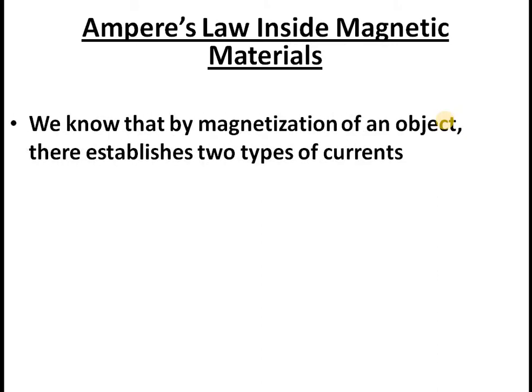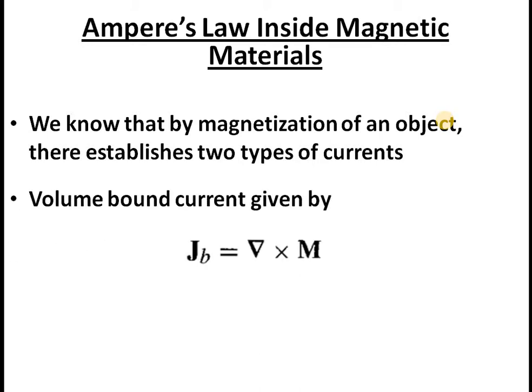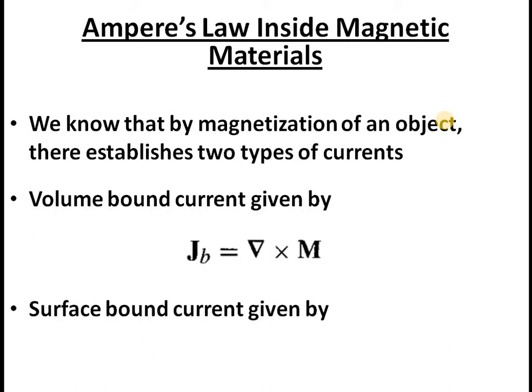Whenever a material is magnetized, we know there are two types of current. One is volume bound current, JB, given by del cross M, where M is the magnetization. We have discussed it. And secondly, you have the surface bound current, denoted by KB, and KB is given by M cross n cap, where n cap is the unit vector drawn at any point on the surface of that magnetized material.